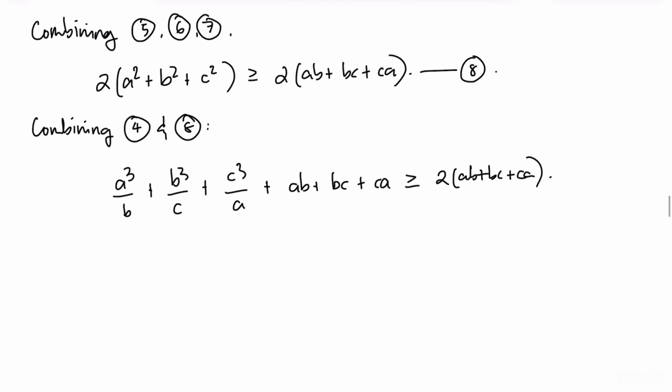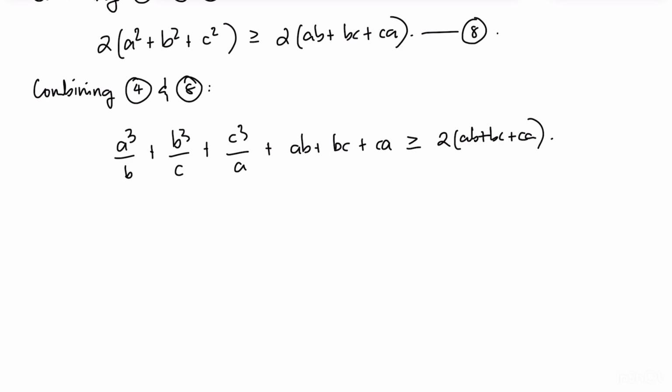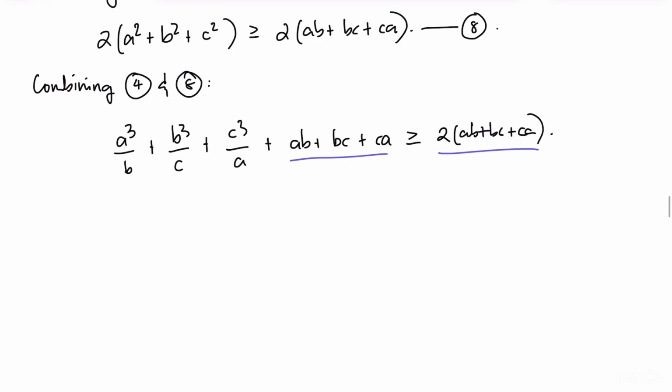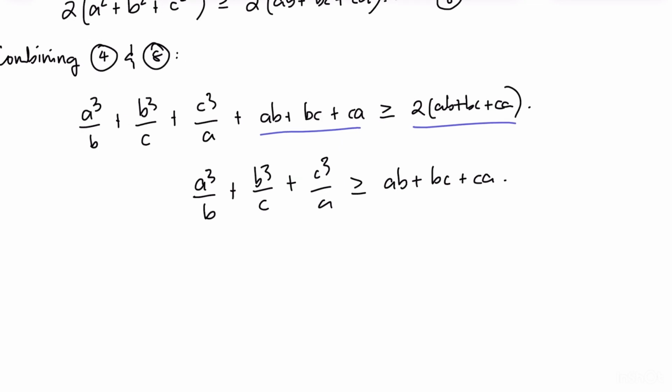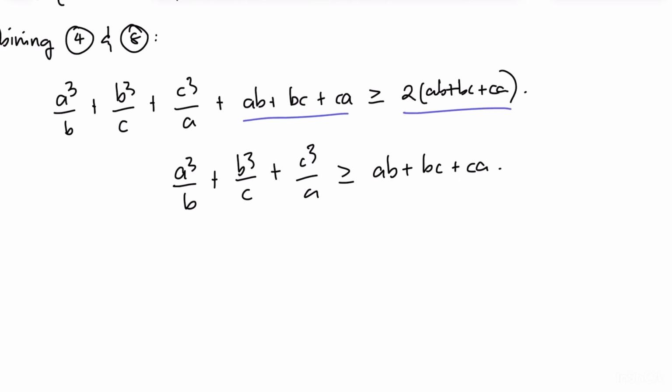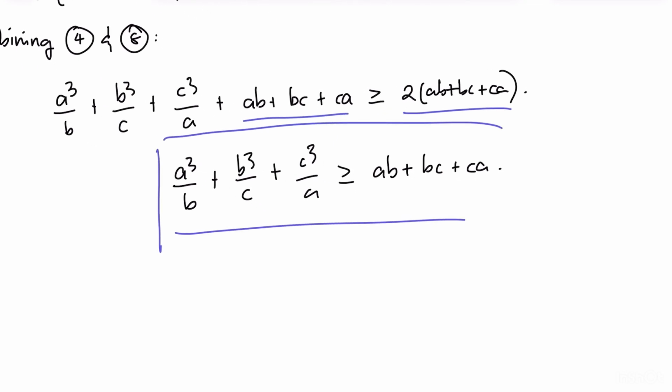And now we can subtract ab plus bc plus ca because we have common terms, and this will become a cubed over b plus b cubed over c plus c cubed over a greater than or equal to ab plus bc plus ca. And this is the original inequality we're trying to show. So we're done.